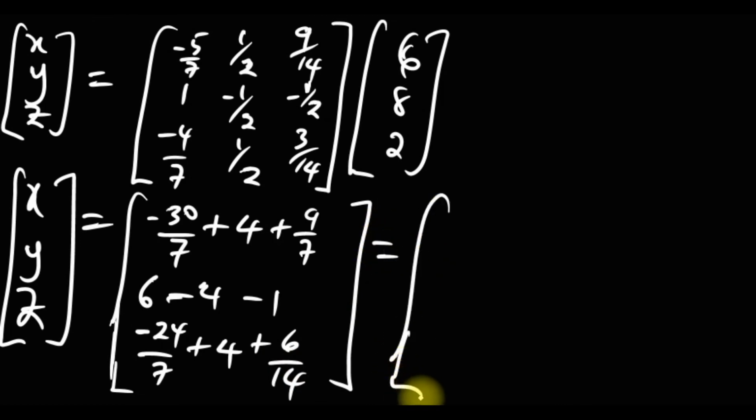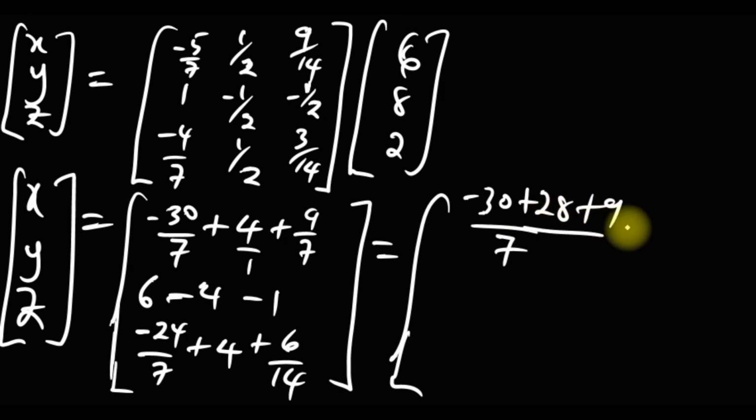So let's add using the LCM. The LCM of this is 7. This is minus 30 plus 28 plus 9, which is minus 2 plus 9 is 7. 7 over 7 is 1. So this is 6 minus 5 is 1.